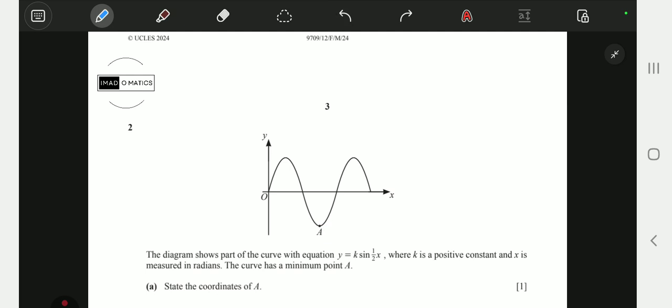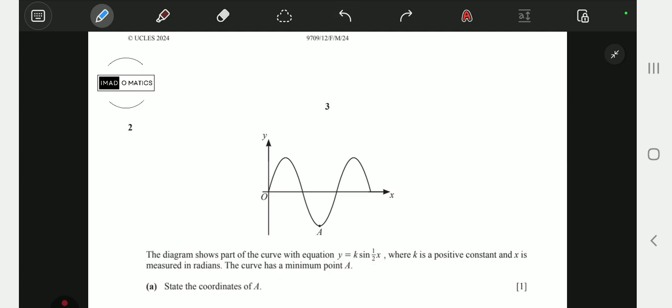Okay, the coordinates of A will not be too difficult. There are many ways of doing it. First, we need to understand what is represented by each thing in this equation.